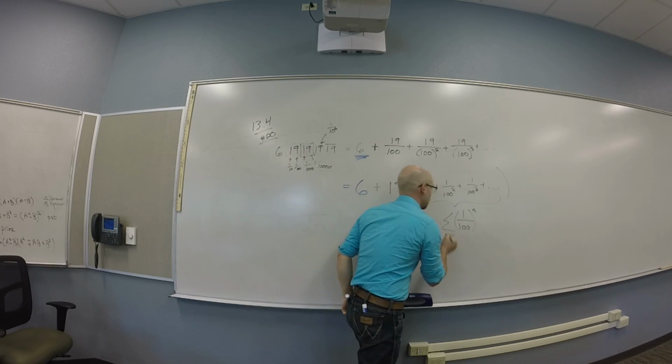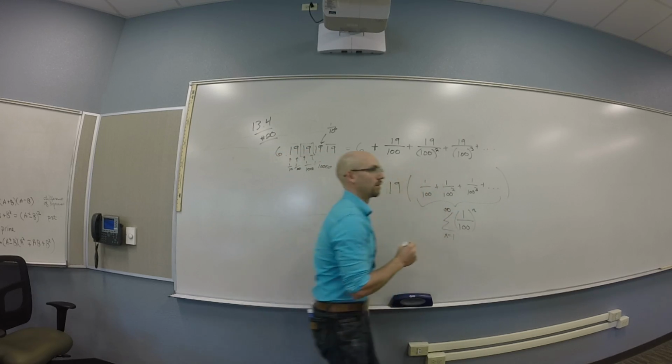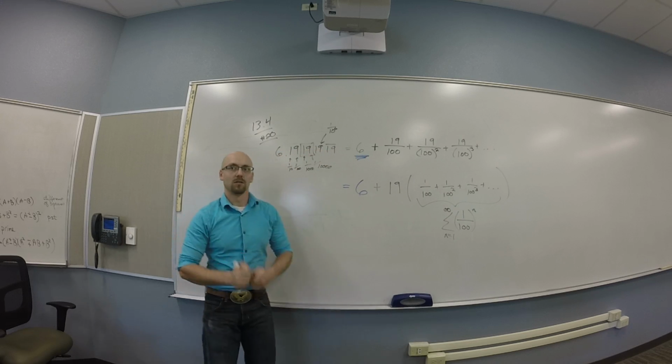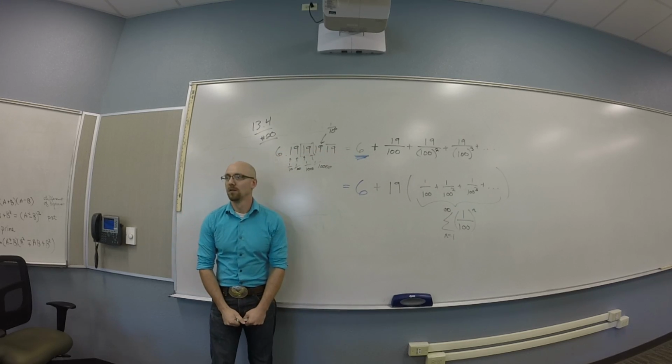So we're going from n is 1 to infinity, all right? You guys with me? You could also write it as 100 to the power of negative n. I would recommend this way because this way is the one I have the formula for. Or you can just make a new formula. You guys remember where the formula starts yet?